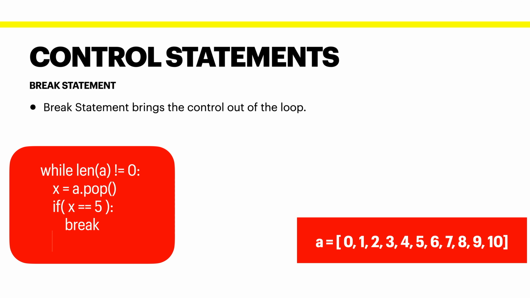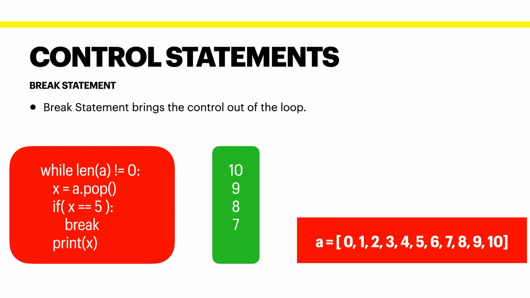If it is equal to 5, then break the loop, otherwise print the value of X on the screen. So this is a very simple code which I have used to explain the break control statement with the help of an example. The output of this block of code will be 10, 9, 8, 7 and 6.